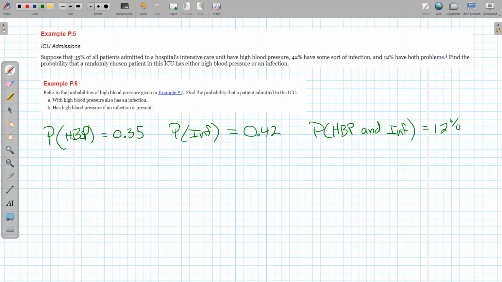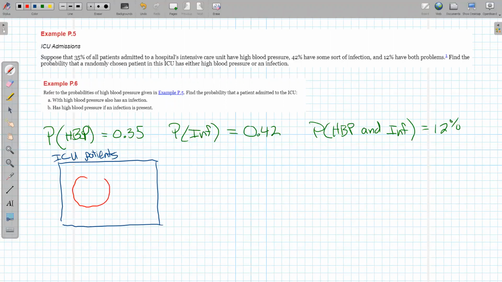So I mentioned the idea of thinking about these with diagrams. One diagram I like to draw sometimes when I'm trying to sort this out is a Venn diagram. This box here would be all ICU patients. Then I have to consider the high blood pressure ones. Maybe I'll make those red for high blood pressure.